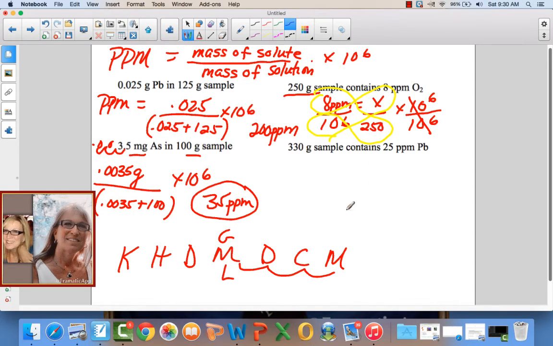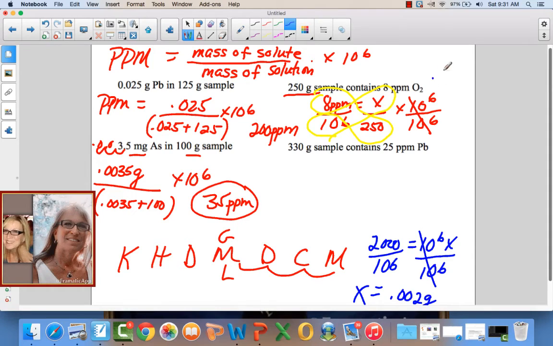So you have 250 times 8, which is 2,000. So you've got 2,000 equals 10 to the 6th x. Cross multiply and divide. Divide both sides by 10 to the 6th. Therefore, x equals 0.002 grams. So that's our answer to this one.